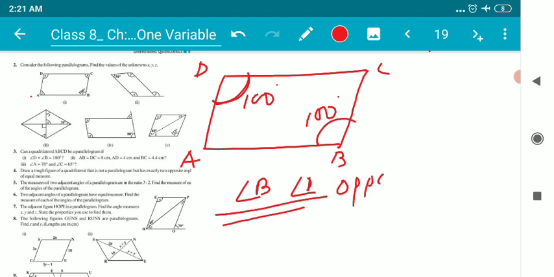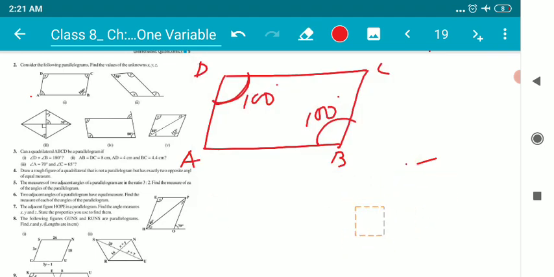They are opposite angles, and opposite angles are always equal in parallelogram. So naturally, children, if the measure of angle A is, suppose, 80 degrees, suppose we don't know, but I'm telling you it's 80, it has to be 80.